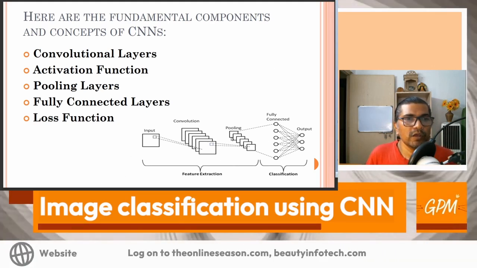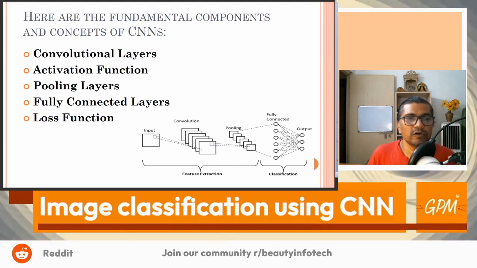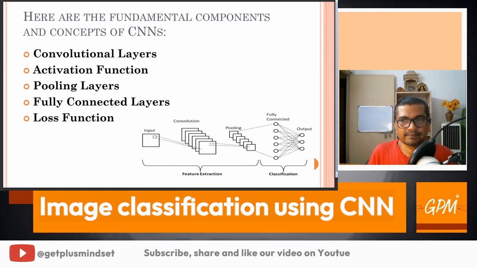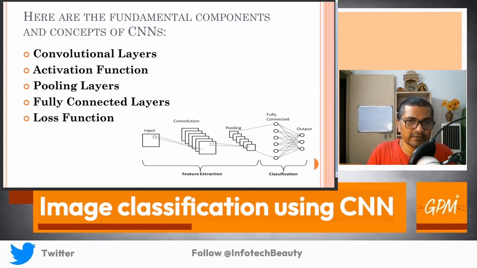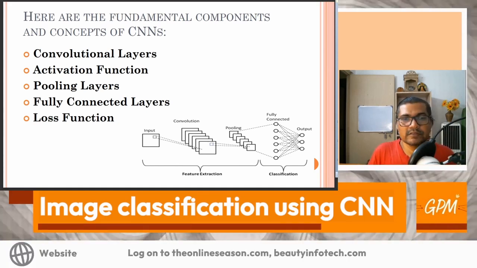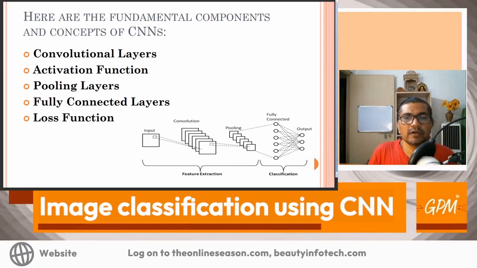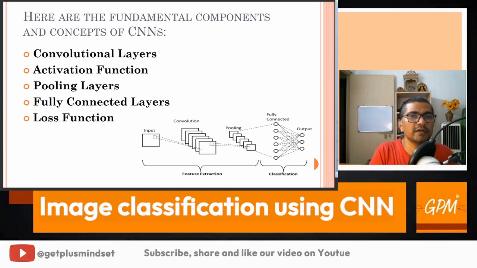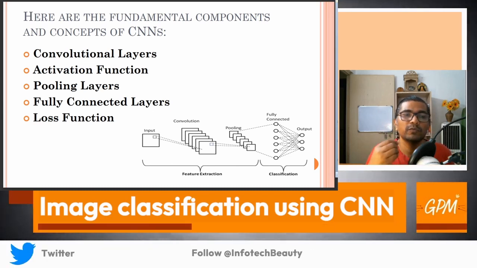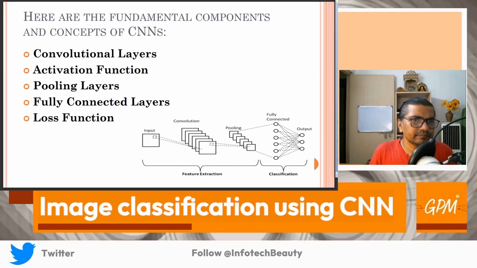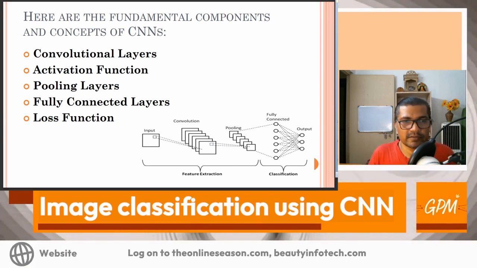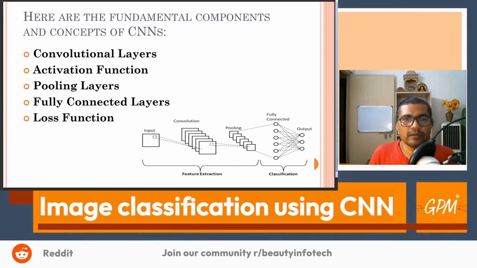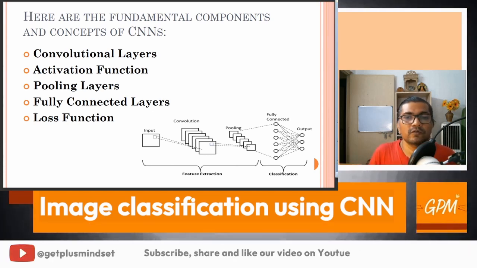Here we see that the convolutional layers have a very significant role in this whole process. Convolutional layers apply some filters to the input to extract specific features. Why do they use these filters? Because these filters can extract specific features from the images, and these filters slide over the entire input image and compute the dot product at different locations.